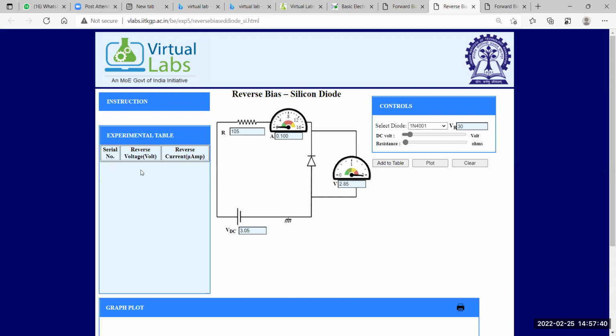And here also it is the same, a total of 8 or 10 points we have to calculate.